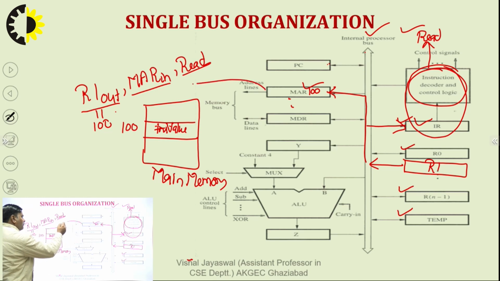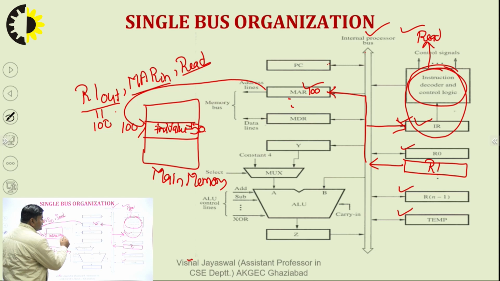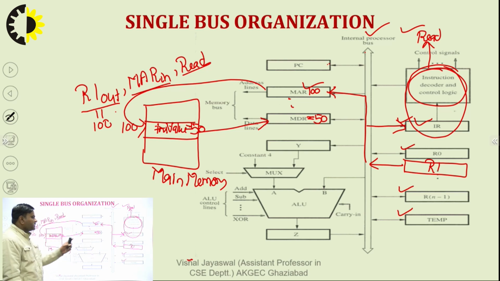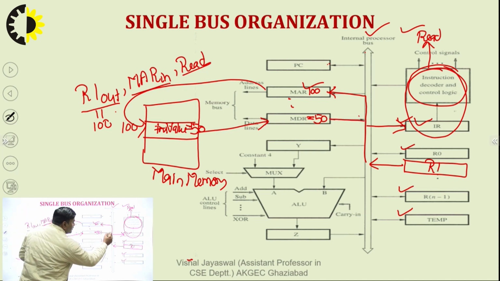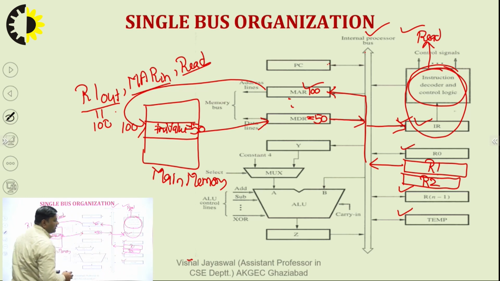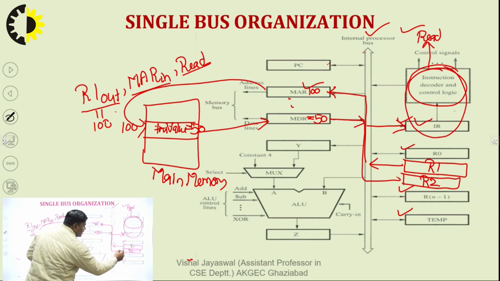Suppose at address 100, the value is 50. Then 50 is fetched and goes into the MDR register, means value of MDR is 50, and this will go onto the R2 register. Here we can say this is the R2 register, and this 50 value is received into the R2 register.